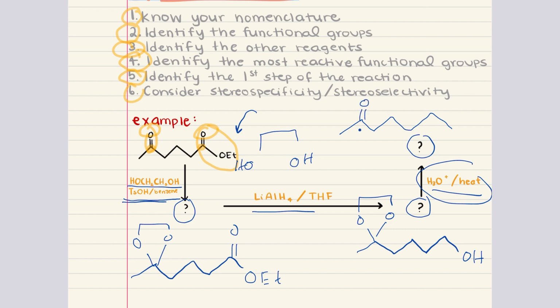So now we have our ketone group back, but our ester functional group was transformed into a primary alcohol. And with that, we've completed this problem. At the end of the sequence, we're left with a primary alcohol from the reduced ester, and we have a restored ketone from the deprotected cyclic acetal.